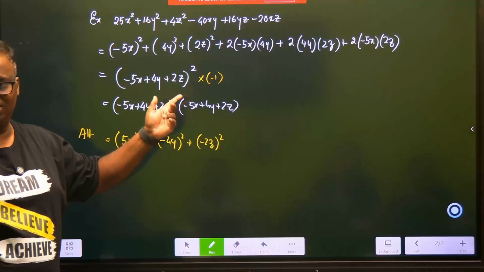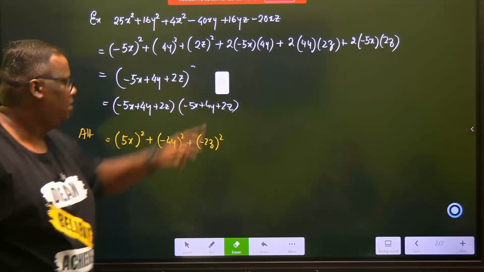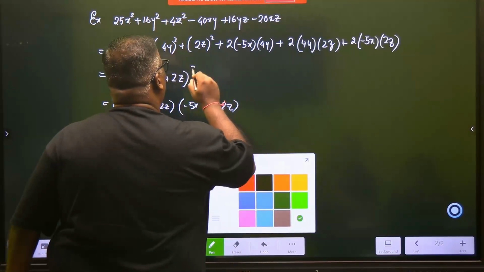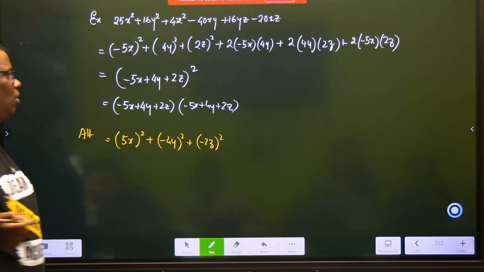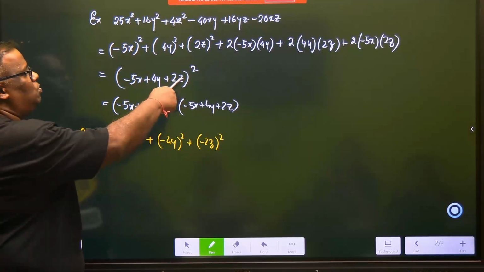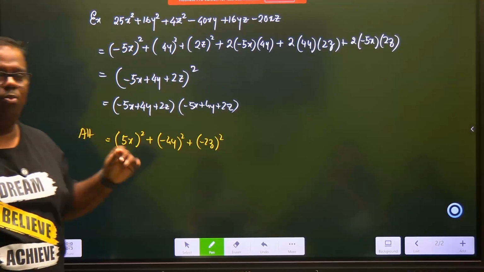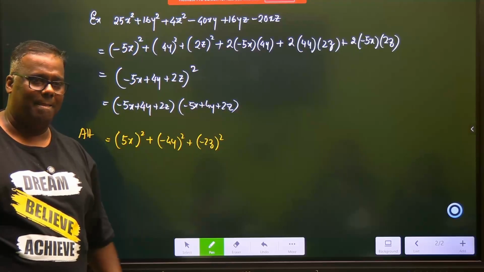I get your answer. Both answers are correct. What he is doing, if you put a -1 here, multiply this with -1 square. What is -1 square? 1. But a -1 will change all the signs inside.